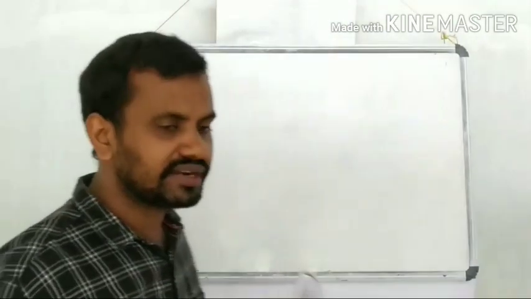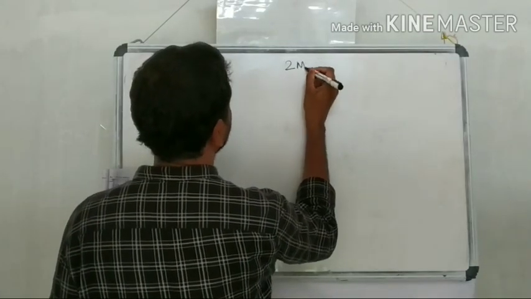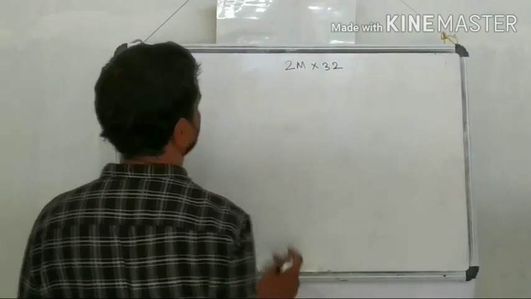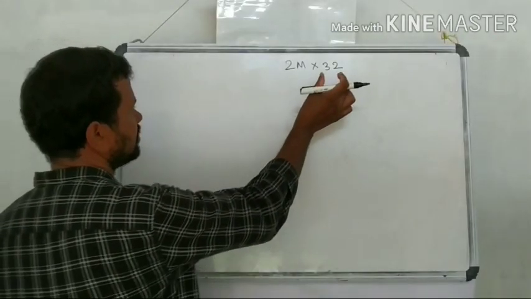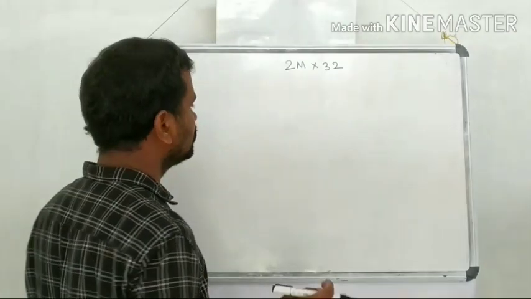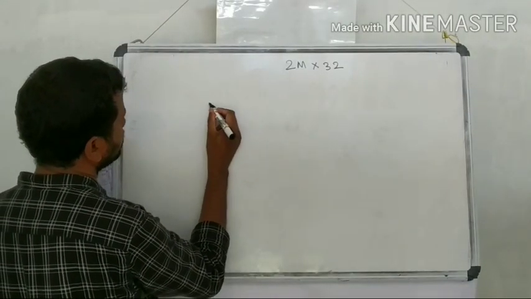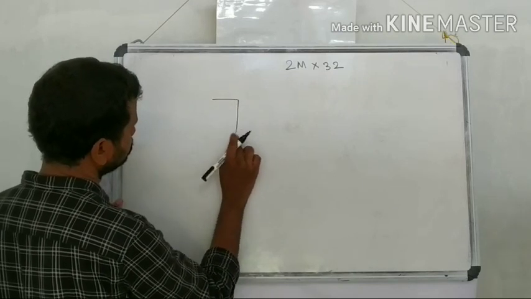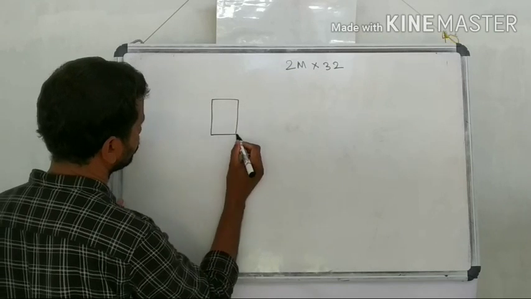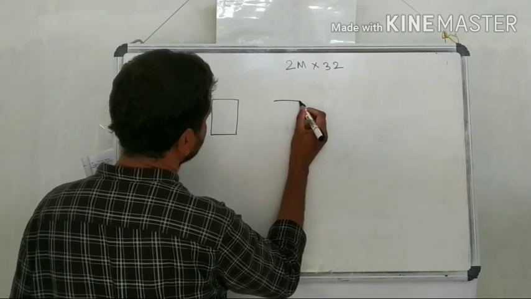We already know that our required memory system is 2M into 32. This is our required large memory system. So here the data bus width is 32 bit. So what we can do is combine our memory chips.